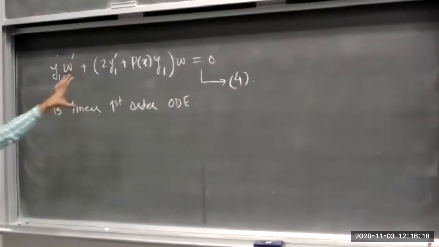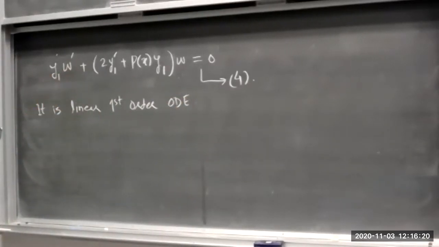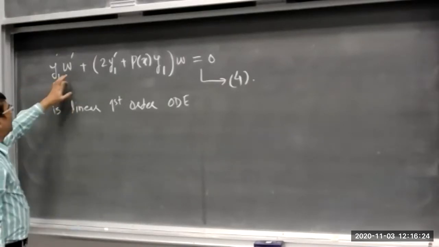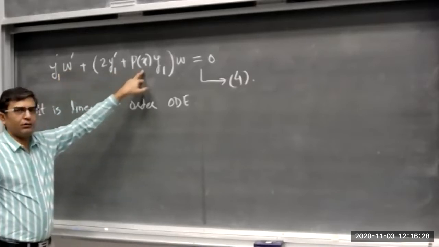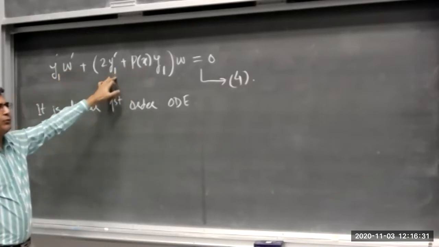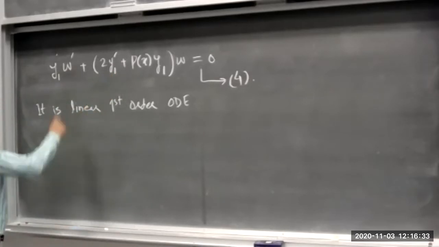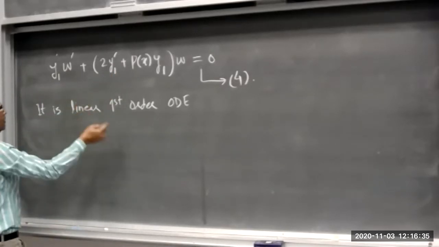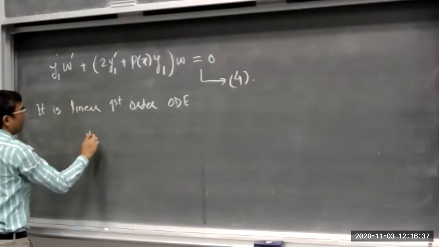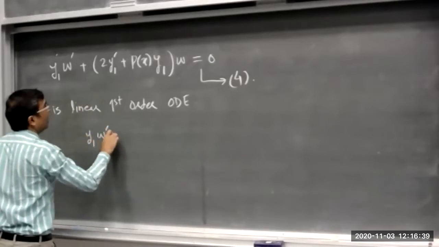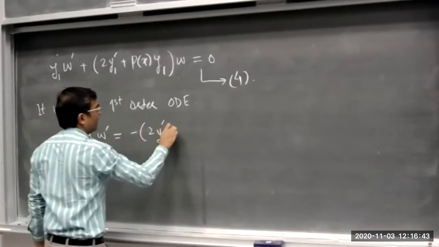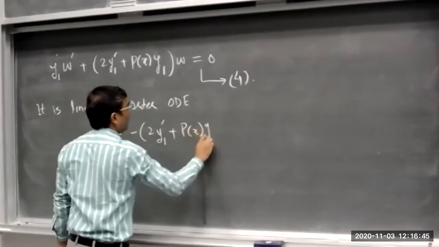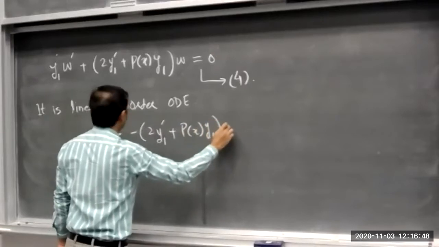And this linear ODE can be solved by using the separation of variables method, because only w is unknown here. y1 is known, p of x is known. If y1 is known, we can compute y1 dash as well. So by separating the variables here, we can write y1 w dash is equal to negative 2y1 dash plus p of x y1 times w.